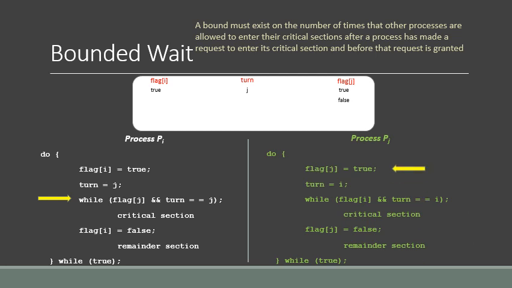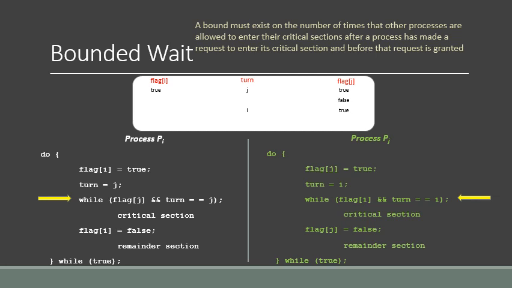It would change the flag of j to true and set turn to i. As you can see here, flag of j has become true and turn has been set to i. Now it will see these two conditions in the while loop of the entry section, flag of i, which is true, and turn is equal to i, which is also true.